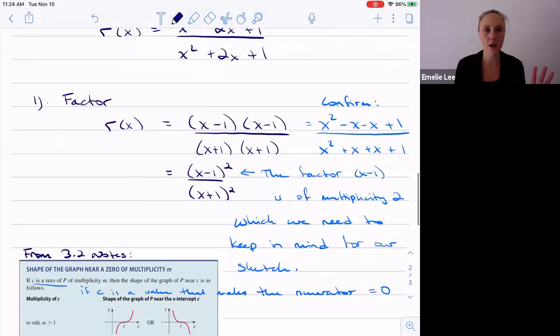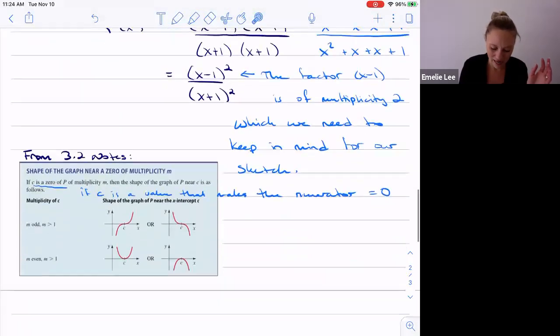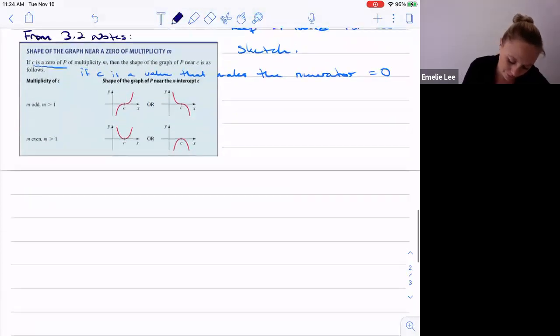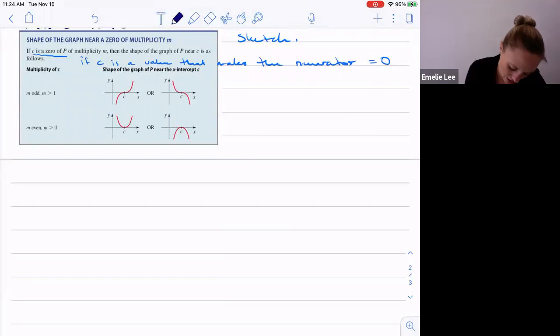What's special about this example that I wanted to show you is that when we have this multiplicity up here, how the graph behaves at the intercept is going to be different depending on if m is odd or if m is even. Okie dokie. Step 2 is the intercepts.